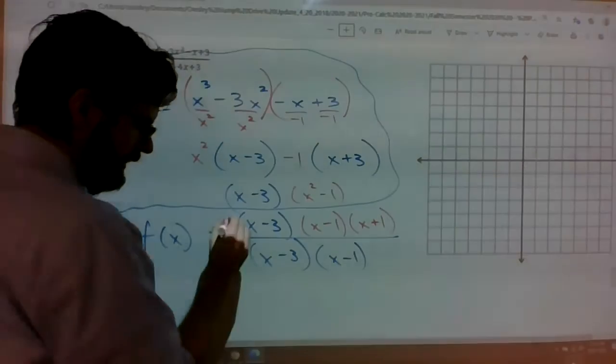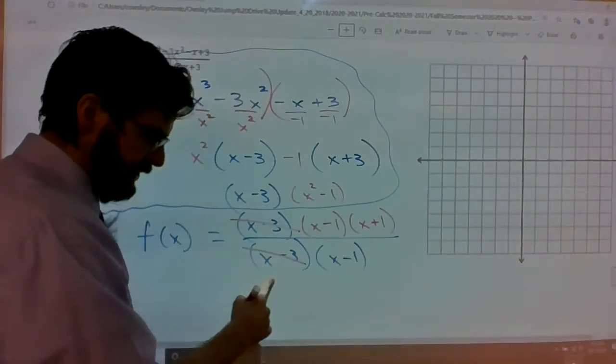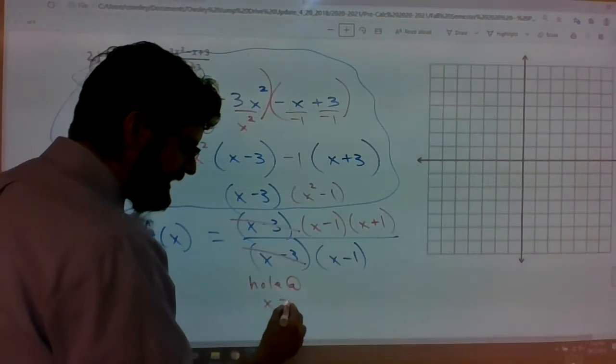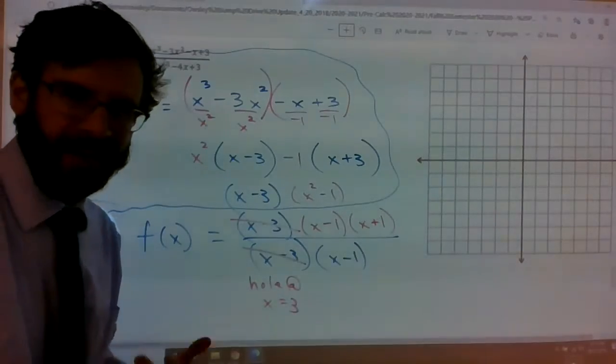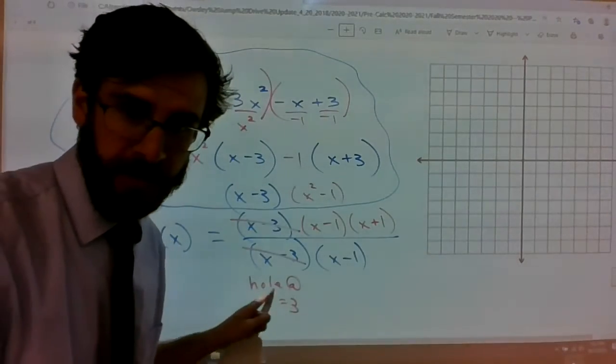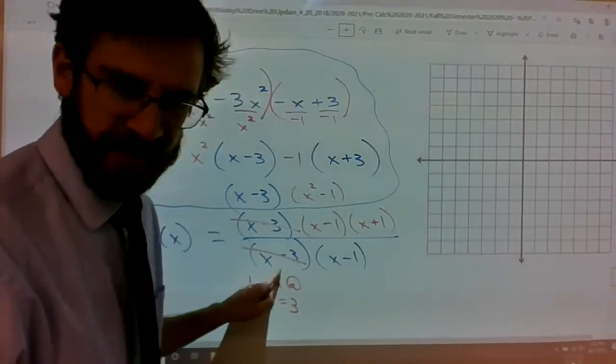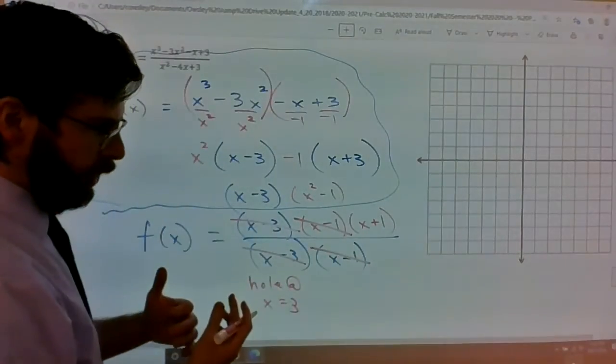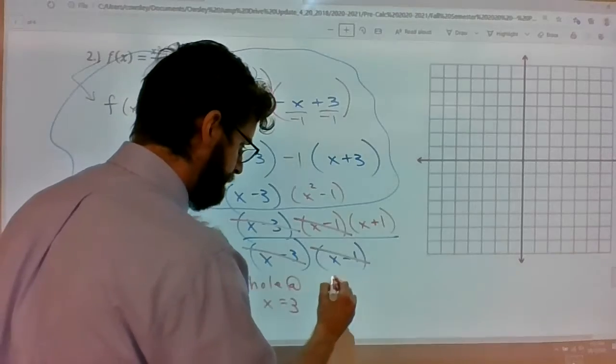Okay, so because of that cancellation, there is a hole at x equals 3. It's kind of like you have an asymptote at 3, the opposite of the sign inside there. You also have a hole at x equals 1.